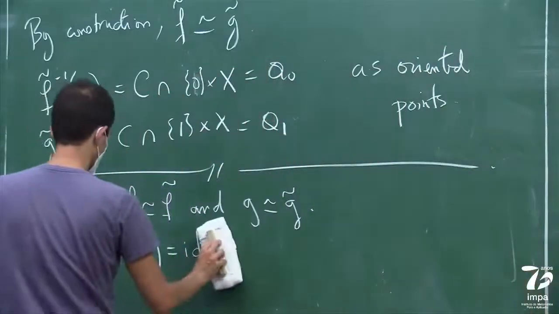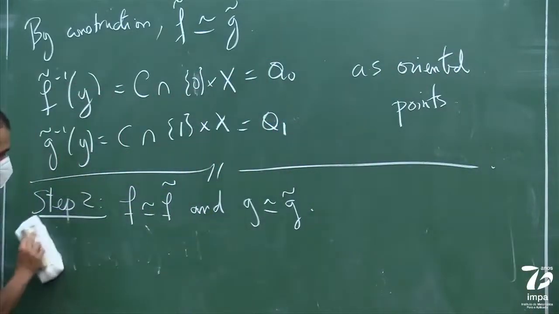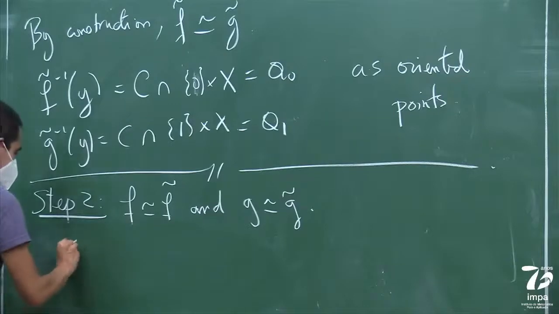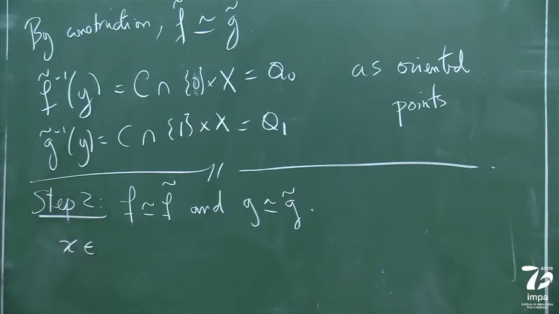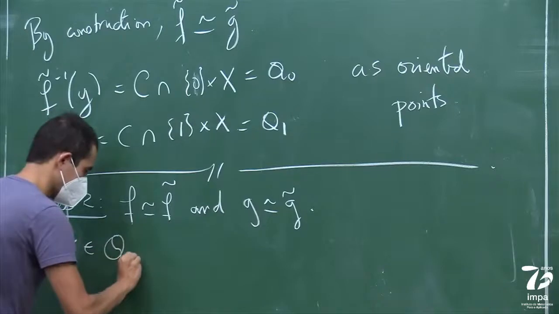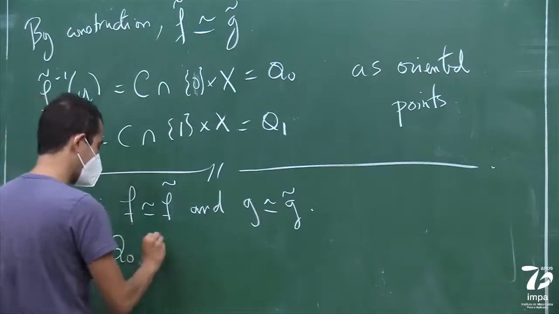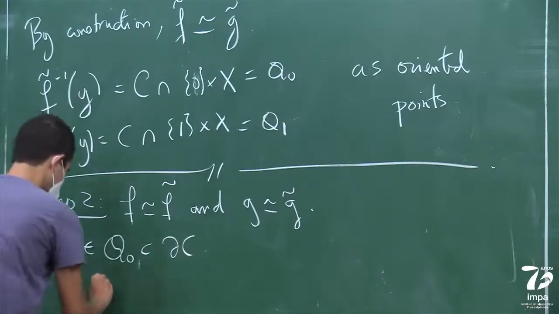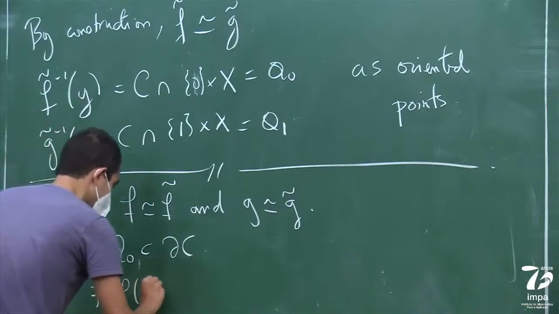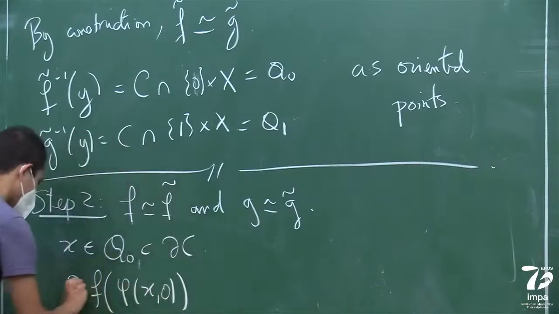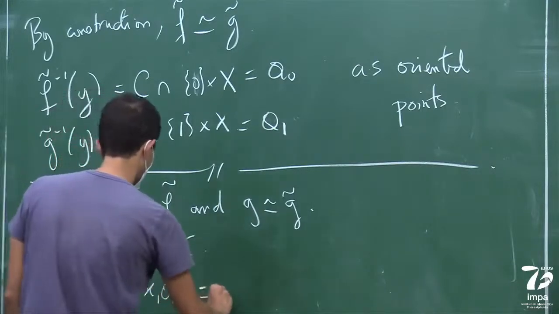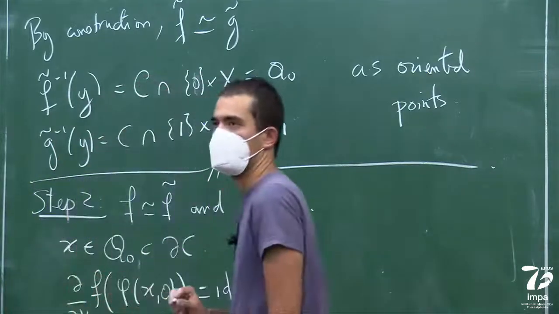Okay. So, sorry. Let me do this again. Sorry, I should have written better notes. So if x is in Q0, which you can think of as contained in the boundary of C, what I'd like is that the derivative of f of phi of x, 0 with respect to v be the identity.